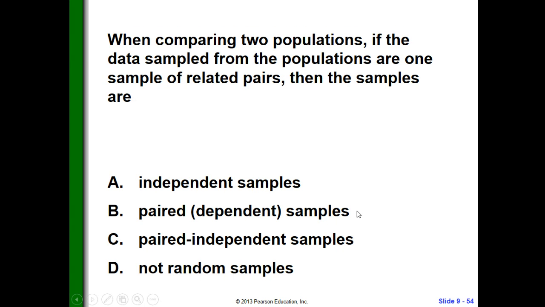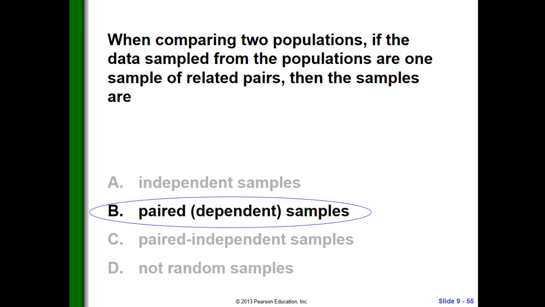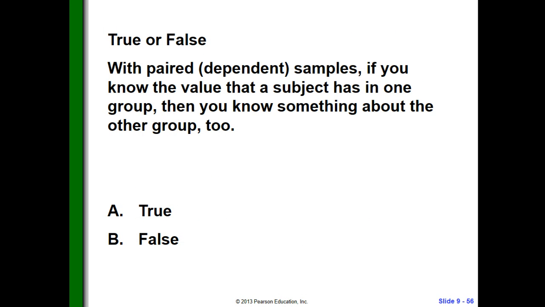This can be husband and wife, brother, sister, something like that. With paired or dependent samples, if you know the value that a subject has in one group, then you know something about the other group too. That's true.